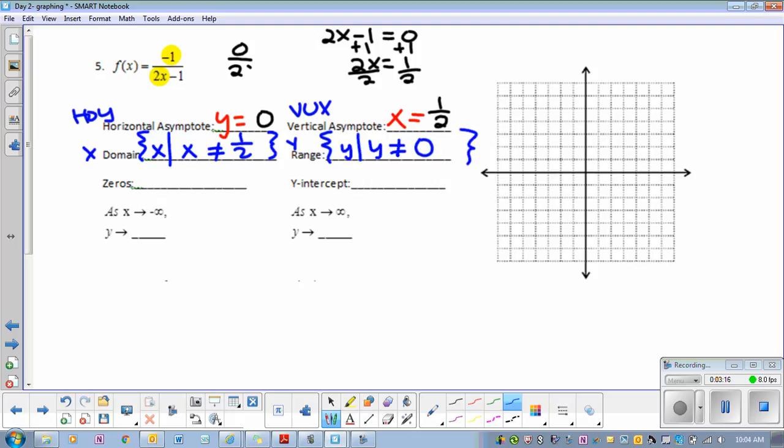All right, so let's graph our asymptotes with a dotted line. x equals 1/2, that's a Bucks, a vertical line, up and down. So I'm going to go to 1/2 on my x, just eyeball that one.